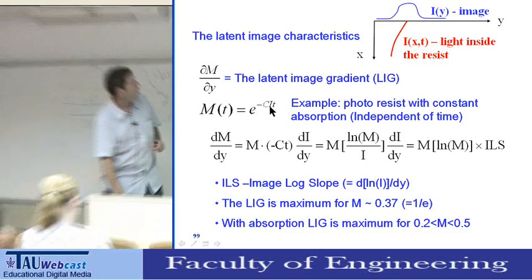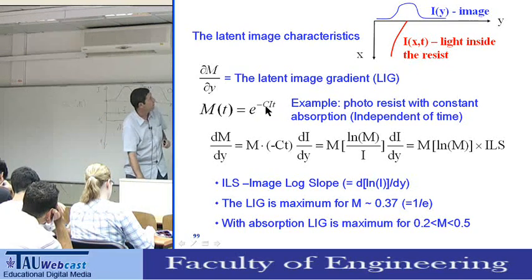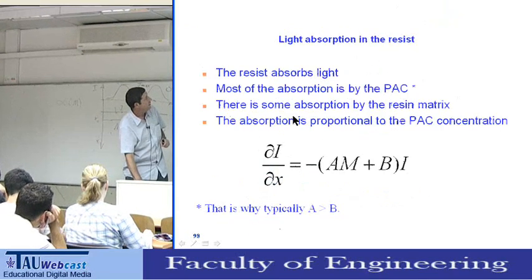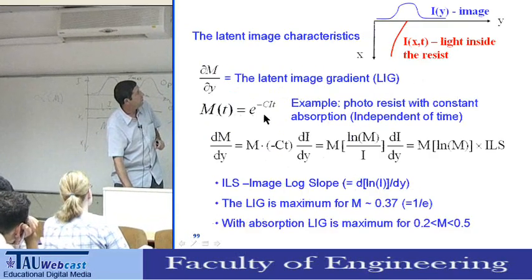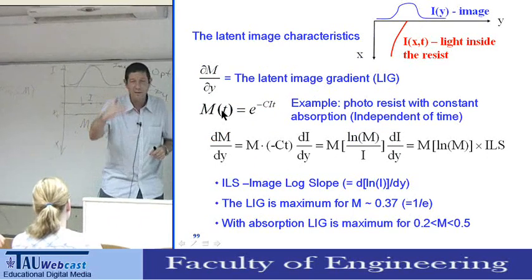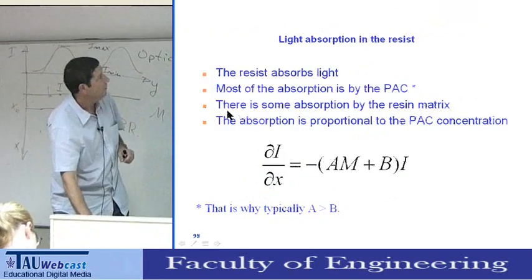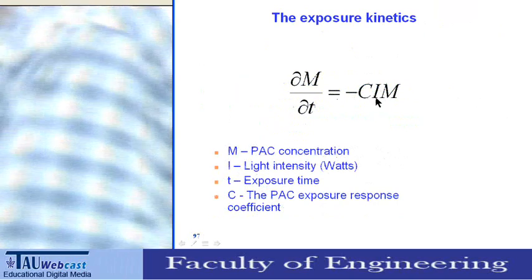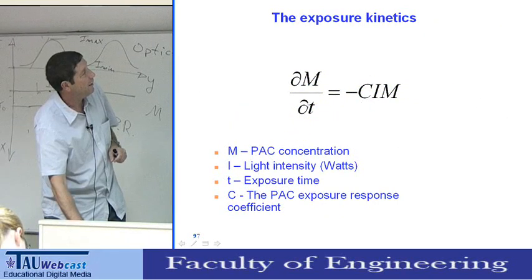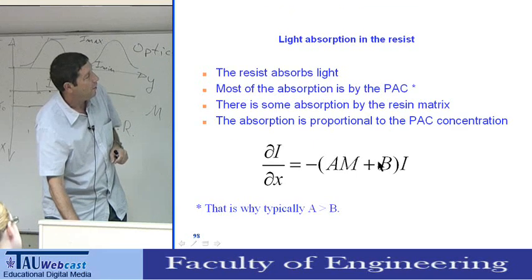If the intensity inside the photoresist is constant, we can assume that M is decreasing exponentially. Why? Because if we go to this equation, if I is constant, then dM over dt is equal to a constant times I.